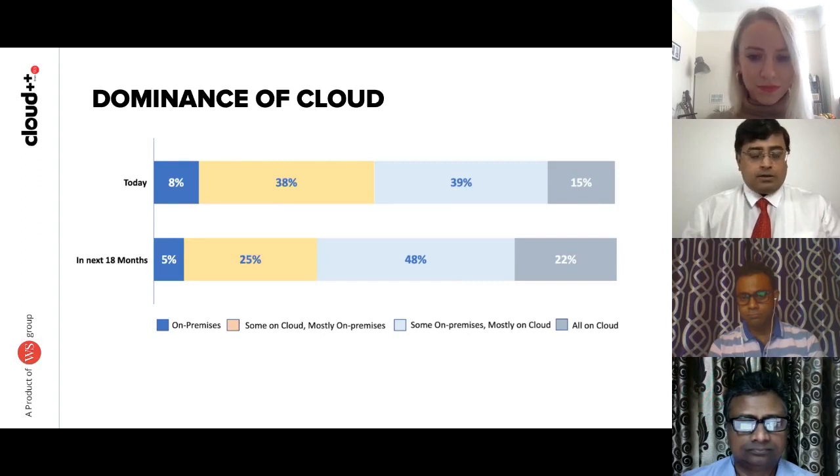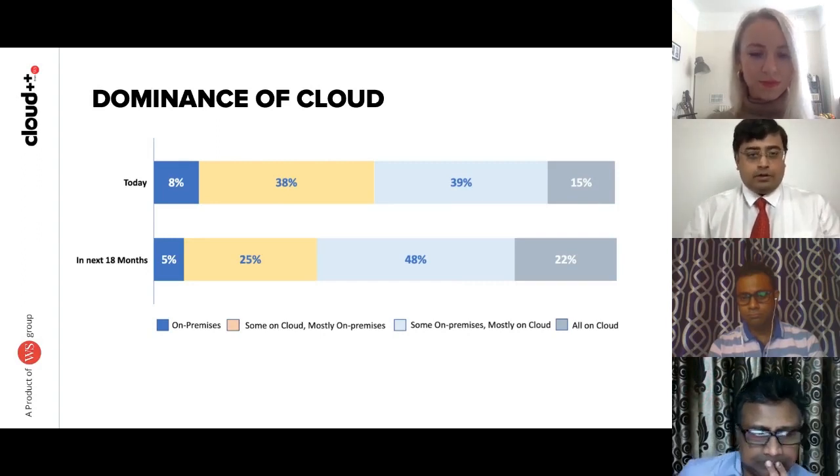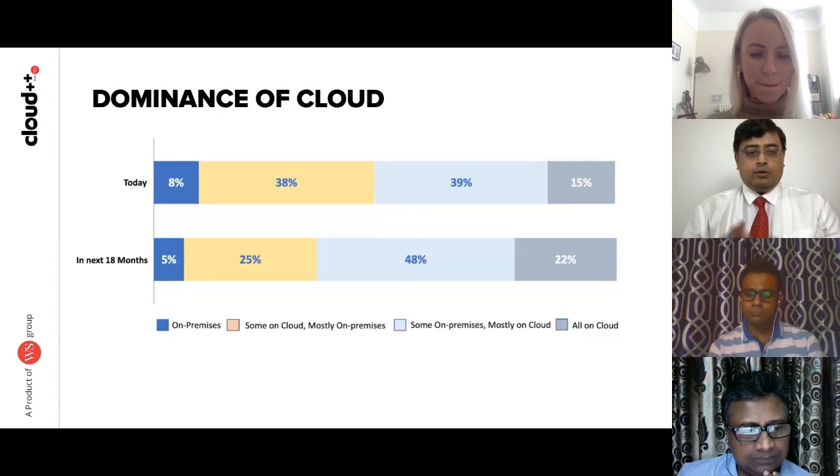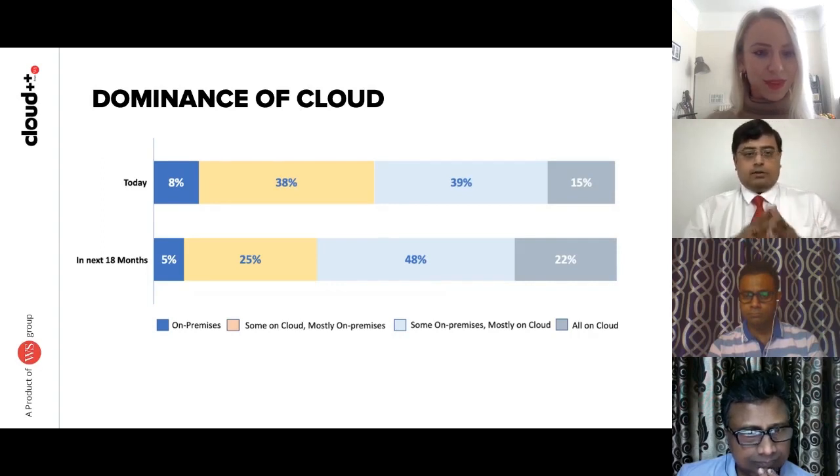And what is quite interesting is that in the next 1.5 years, these numbers are going to be even more polarized. And then we'll find that only 25% will be on-premise. And the remaining almost 70% will be utilizing cloud in some way or the other, either completely cloud or maybe a mix of cloud and on-premise.